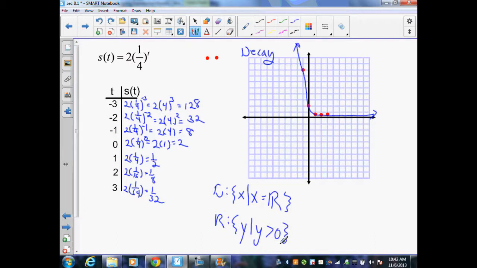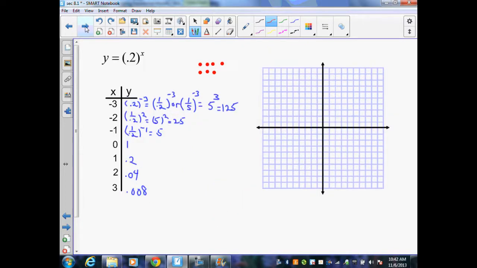That tells me that my asymptote is going to be at y equal to 0. Therefore, my function will decrease to a point that it gets very, very close to my x-axis, but will not intersect my x-axis, which is y equals 0.